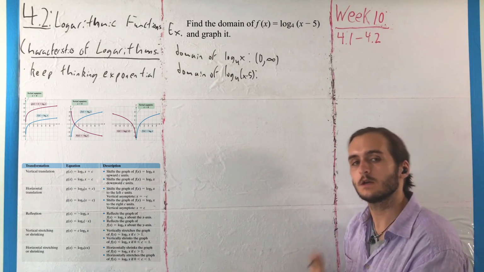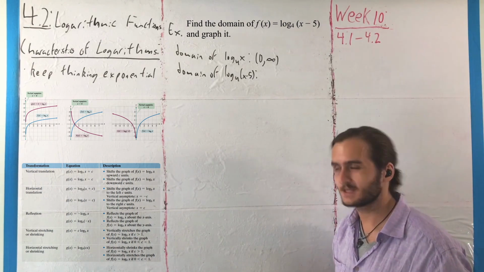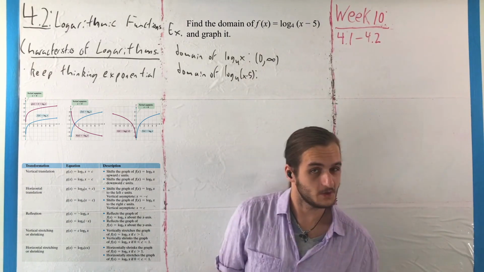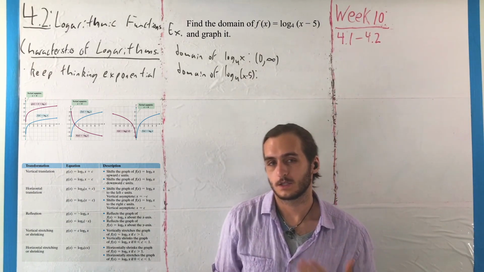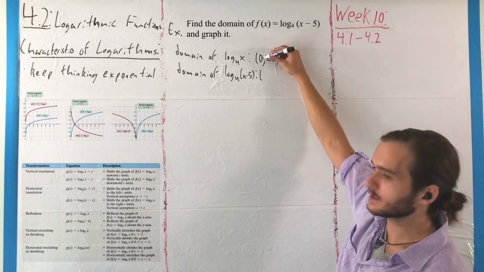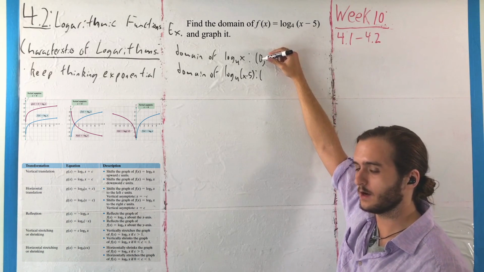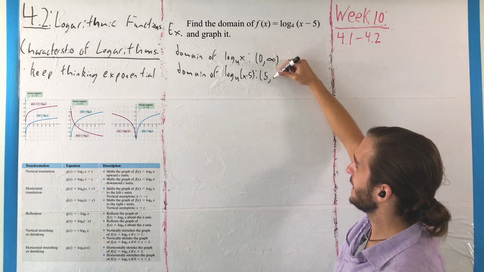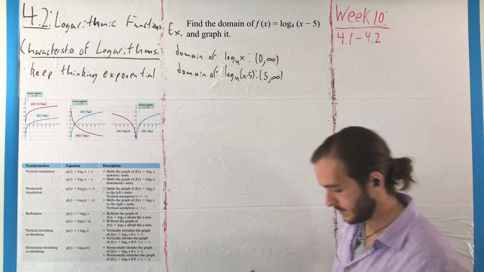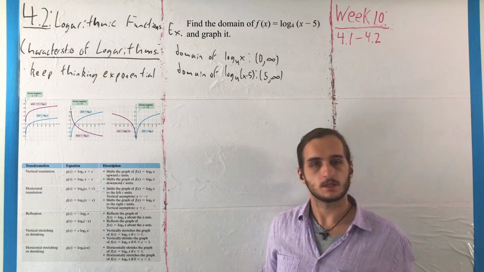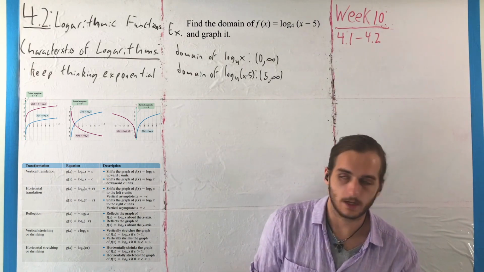We're starting 5 units to the right. So, as a result, we're not going to be able to cross the line, instead of the axis, but at x equals 5. So we'll go from 5 to infinity as we are looking for the solutions to the inequality x minus 5 is greater than 0.